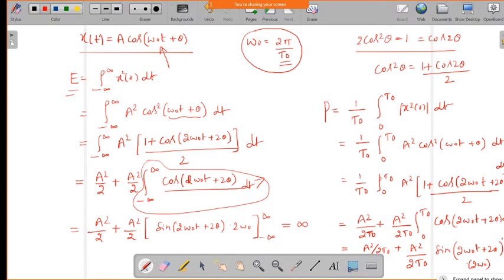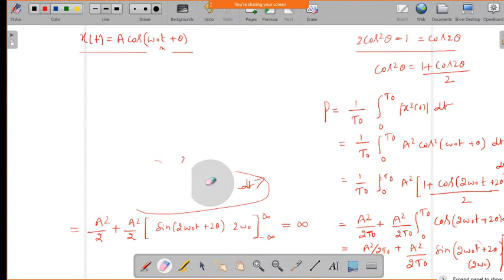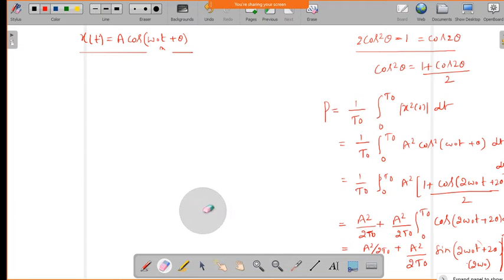So now you have to substitute the limit 0 to T naught. See here, this function sine of (2 omega naught t plus 2 theta) into 2 omega naught. Now substitute this as 0 to T naught.